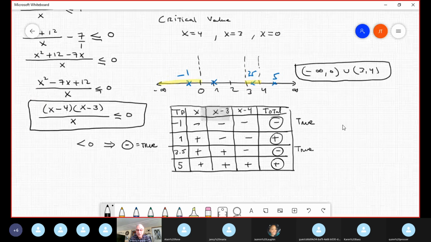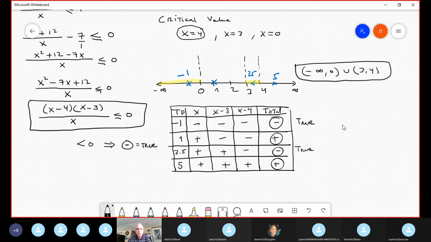Everything is the same except in the last moment, in which this critical value and this critical value belong to the solution. This no. Why no? Because it's in the denominator. Denominator 0 is impossible. The 3 and 4 belong to the solution. So it's parenthesis here and 0 no. But this is bracket. The only difference is from negative infinity to 0, union bracket 3.4.